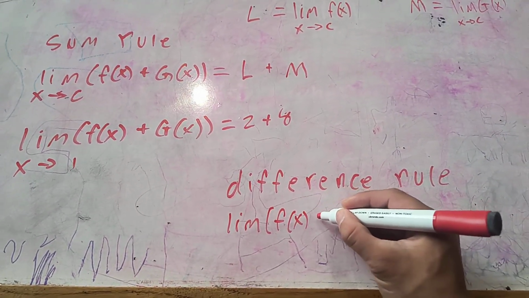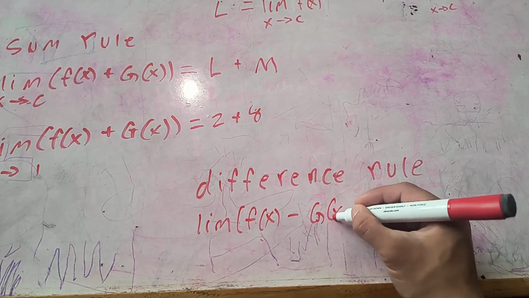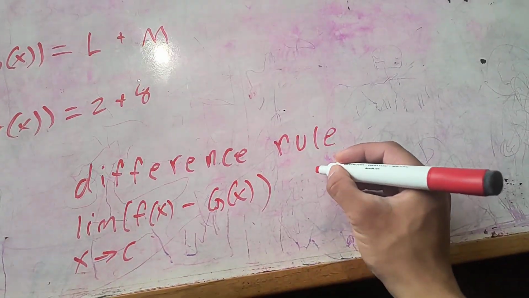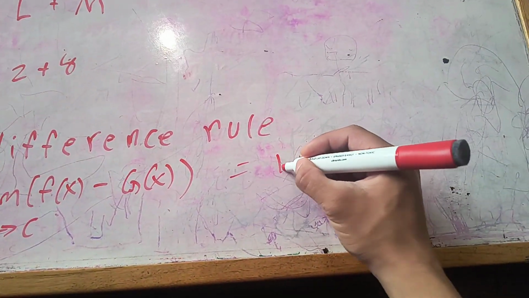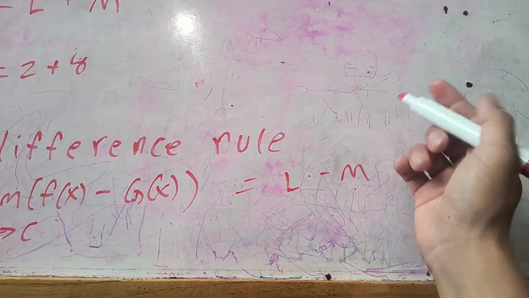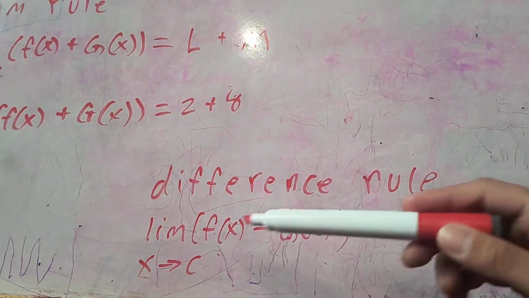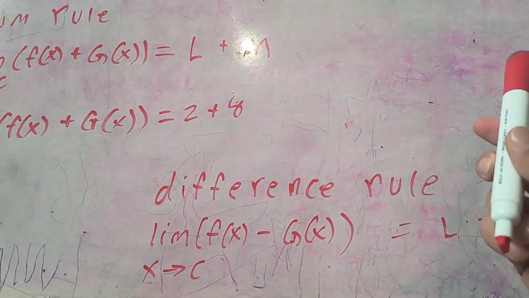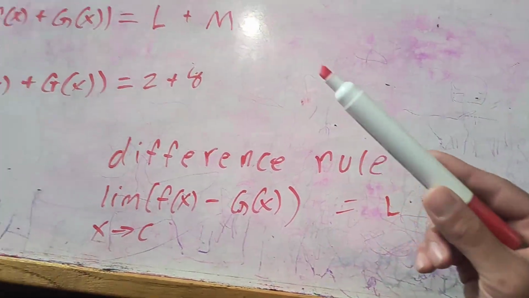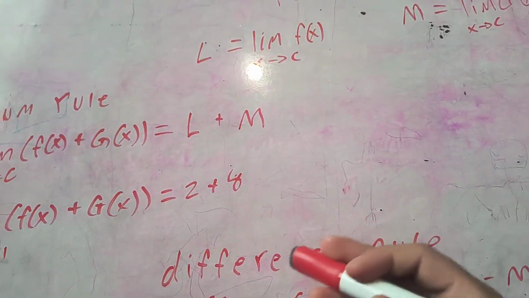The limit of f of x minus g of x as x approaches c is equal to L minus m. That's it. You knew the limits L and m of the individual functions, and you take the limit of the difference between the functions, then it'd be the same thing. You just do 2 minus 4, which would be negative 2 in that case. So yeah, that's the difference and the sum rule.